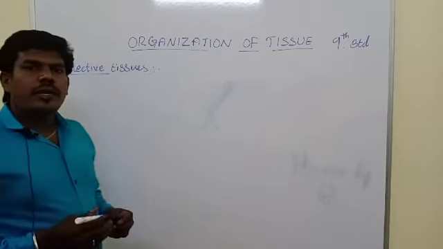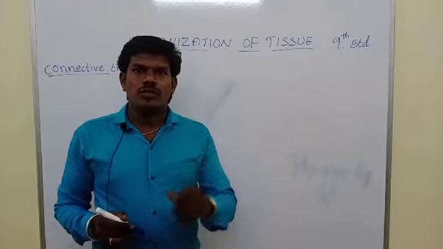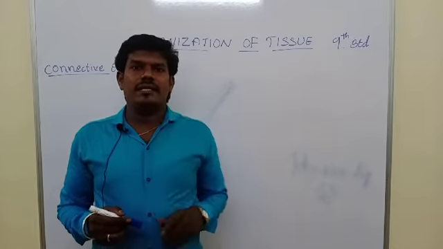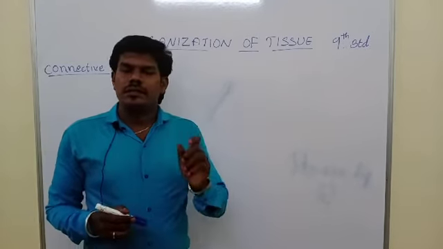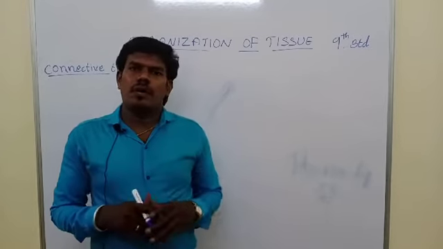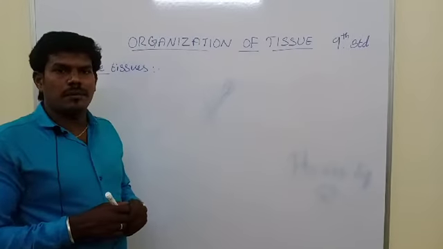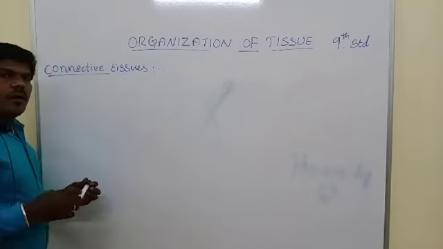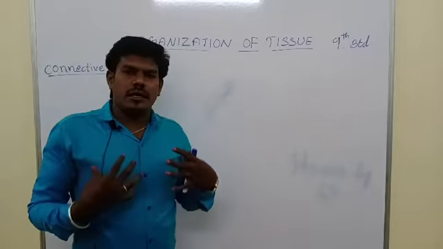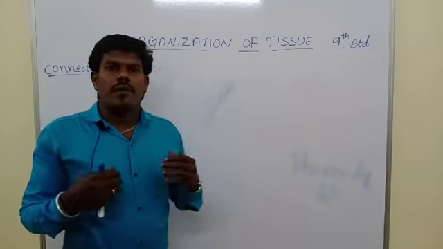See, the connective tissue is one of the most abundant and widely distributed tissues. Abundant means maximum amount, maximum of tissues that are involved in connective function in our body.